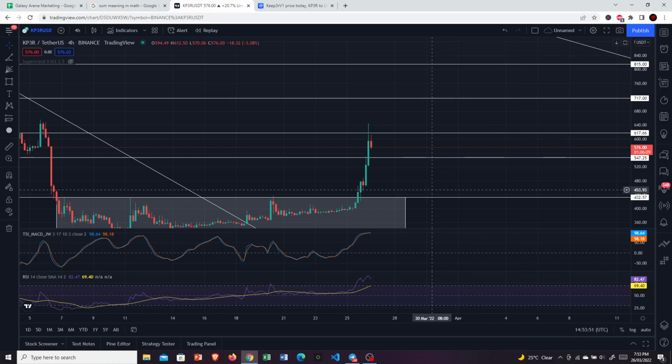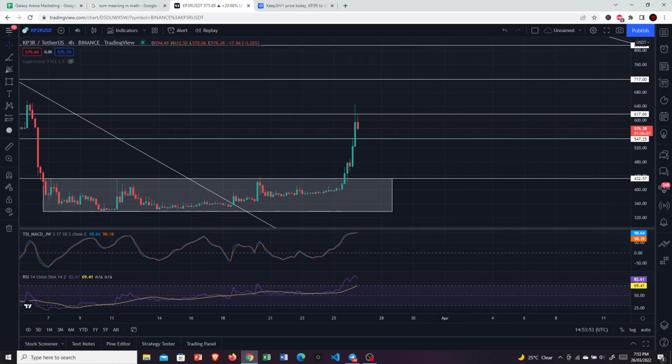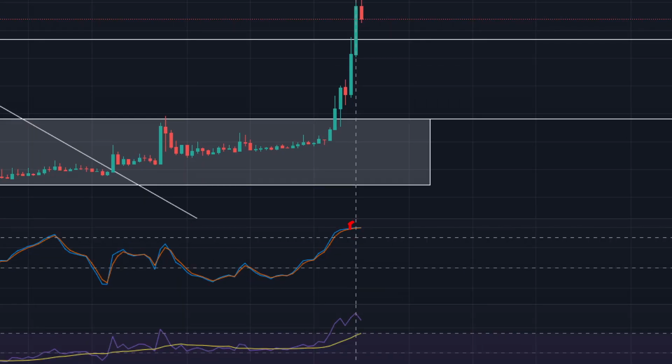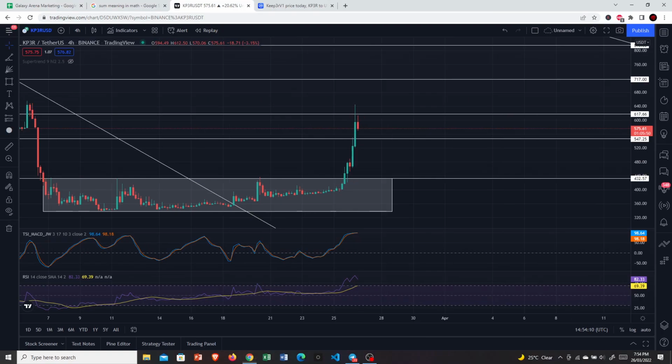So I'm expecting some sort of pullback. As you guys can see, TSI MACD is forming an intersection over here to the downside, and if it succeeds in forming an intersection to the downside just like over here and over here, then we can expect a pullback.